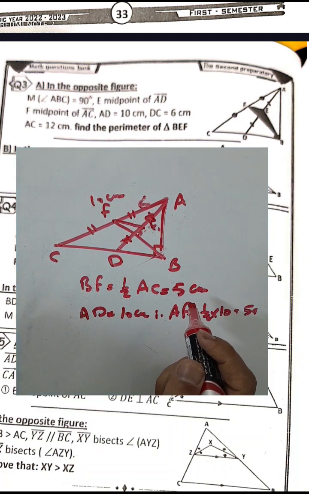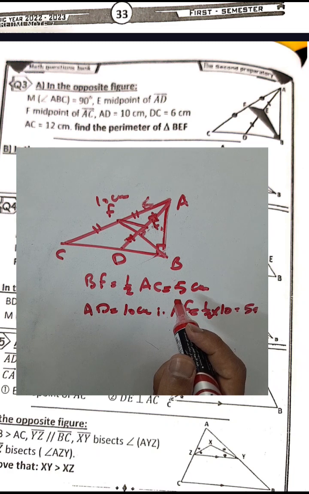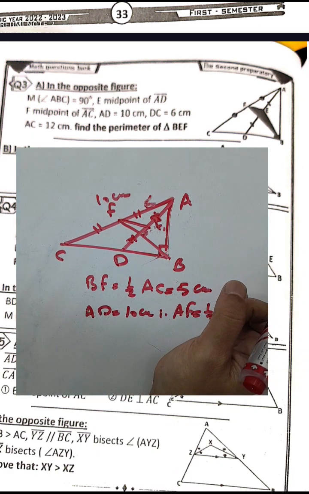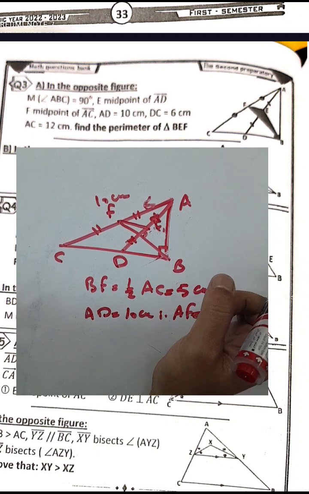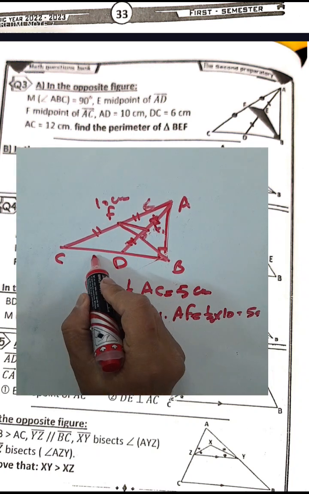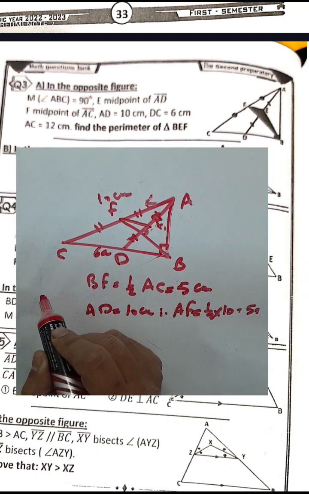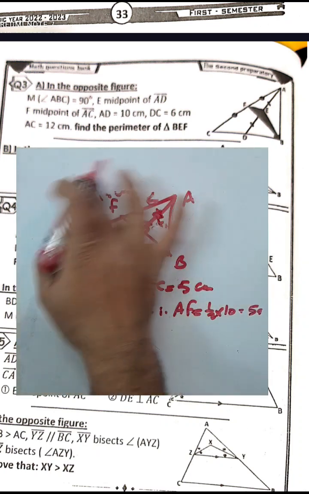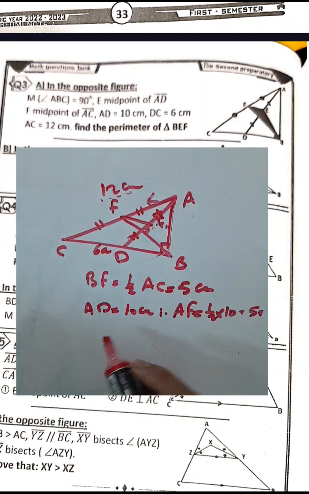Again BF or CA, he gives us DC was 6 centimeter, and ED 10, and the EC was 12. EC here was 12.